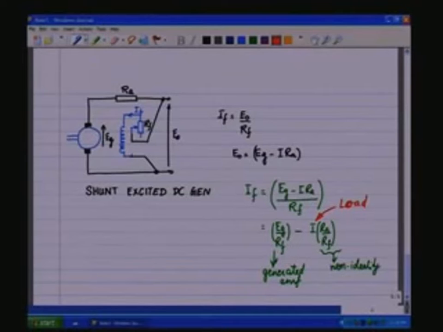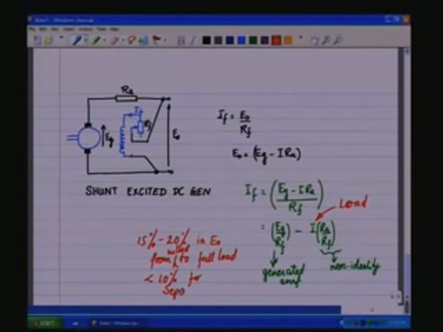So, with load, let us say you have 15% variation or 15 to 20% variation in E naught from no load to full load in the case of a shunt excited DC generator, and in the case of separately excited it will be less than 10%.